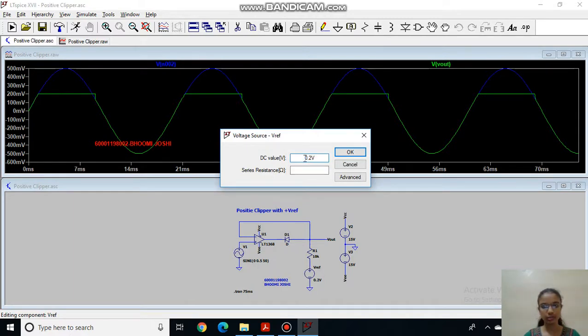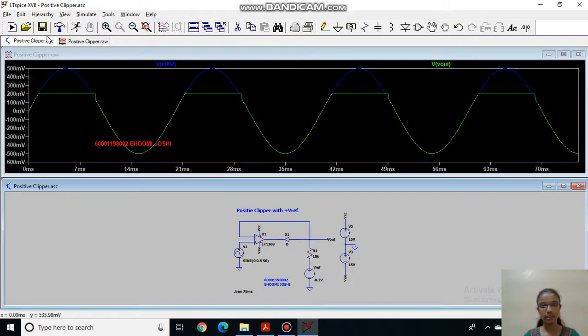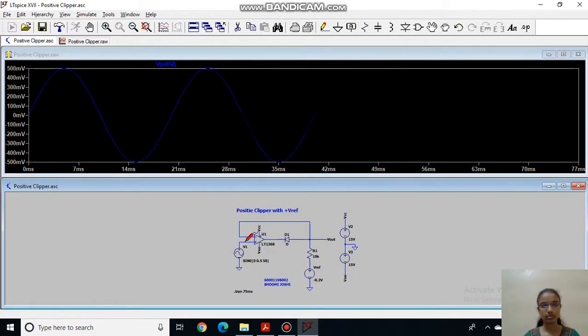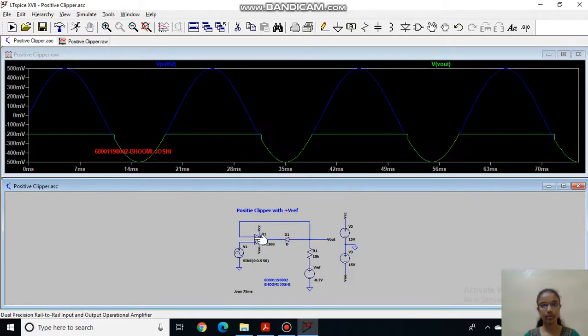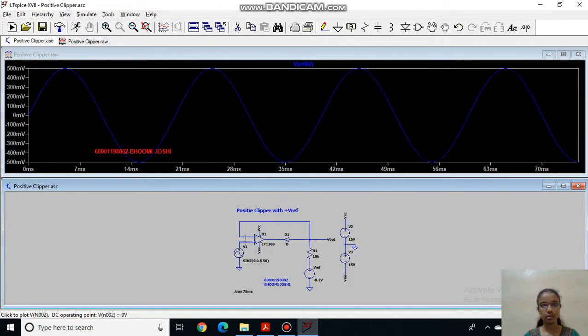The only change will be that we have to apply a negative V reference. Now save this. Now I will run this schematic. So this is my input voltage of 0.5 volt and this is my clipped output.